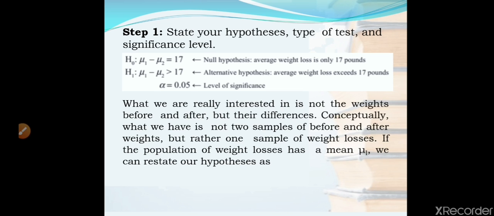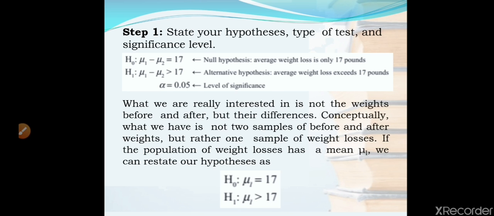If the population of weight losses has a mean mu L, we can restate our hypothesis: the null hypothesis is mu L, the mean weight loss, is equal to 17, and the alternative hypothesis is that weight loss is greater than 17. So now we will proceed in the same way as we do in the case of hypothesis testing of one sample. That would be the procedure followed in this case.